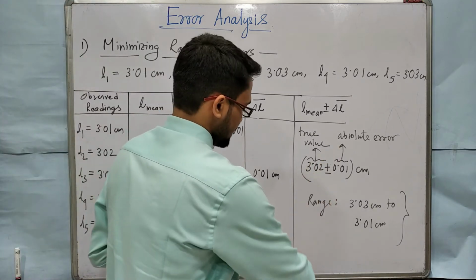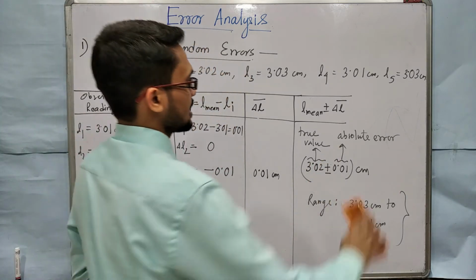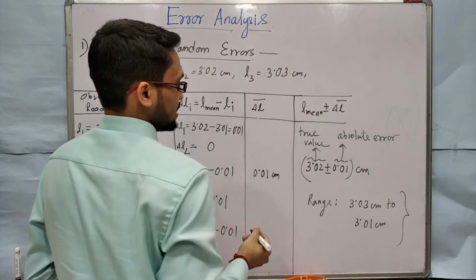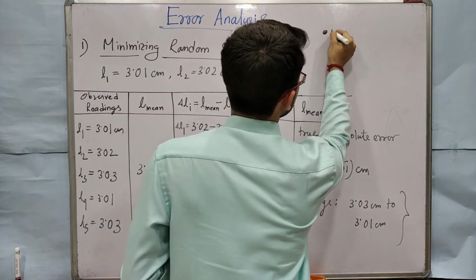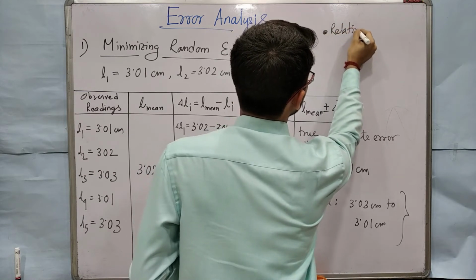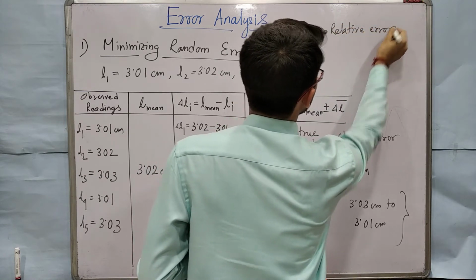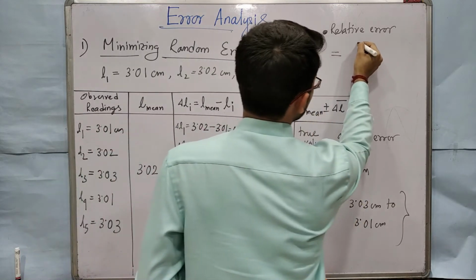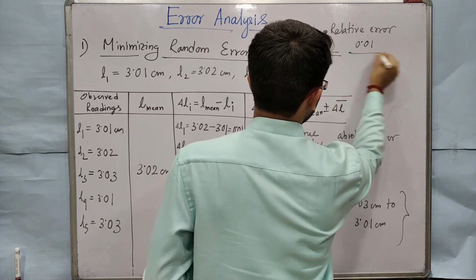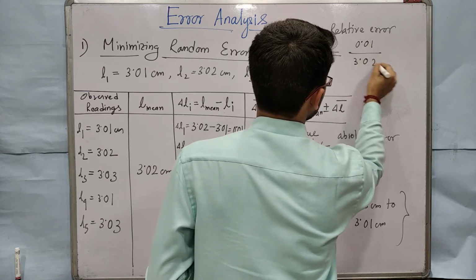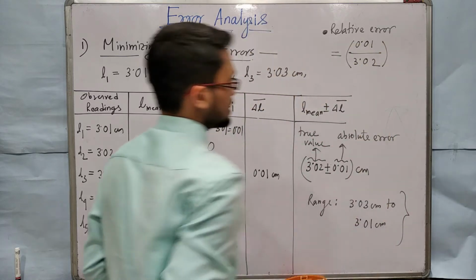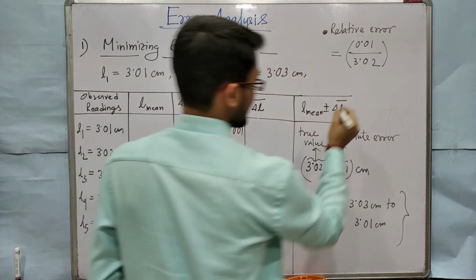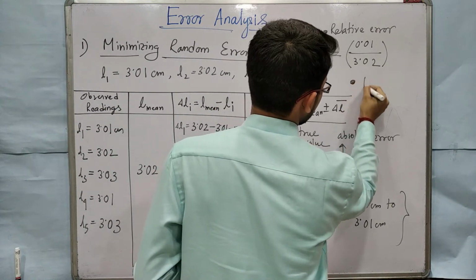Now we have to find the relative error, how to calculate relative error. So I am doing this here. Relative error means what? Absolute error by true value. So it will be 0.01 by 3.02. Okay. There will be no unit because it is a ratio, so it is just a number. And then percentage error.